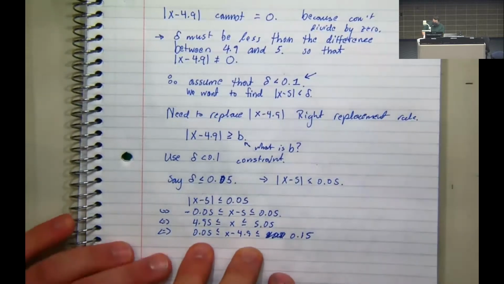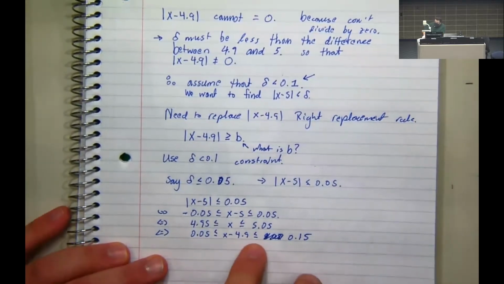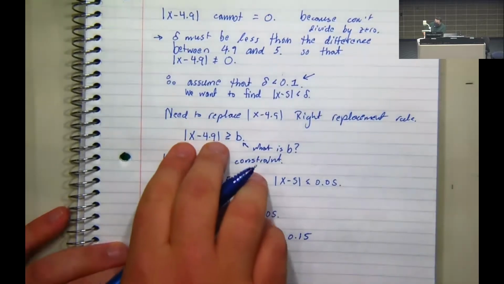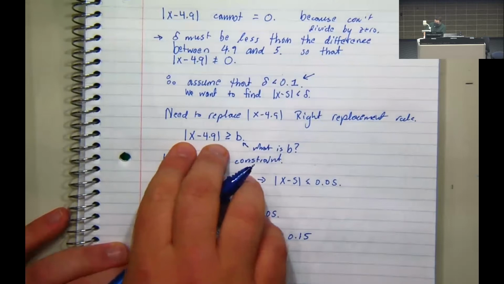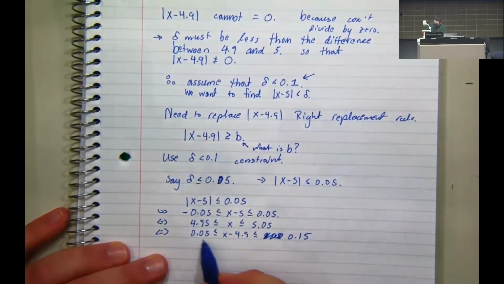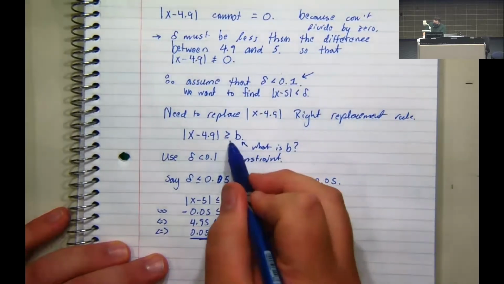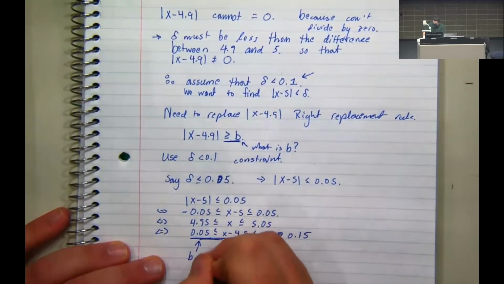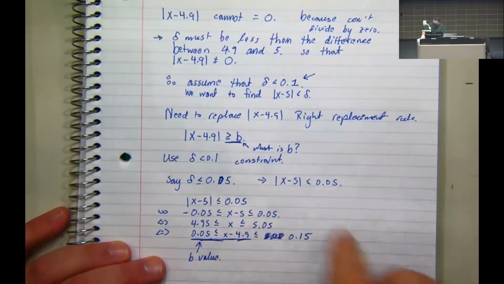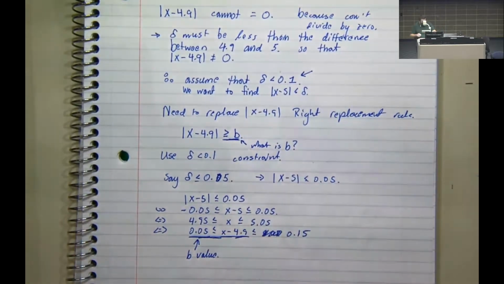And here we have that x minus 4.9 is always positive in this range. So that's why we can take this and put it where the absolute value bars are, is always greater than or equal to 0.05. And that's what we needed to show. So we found our b value. It happens to be the same as what we set for delta restriction.